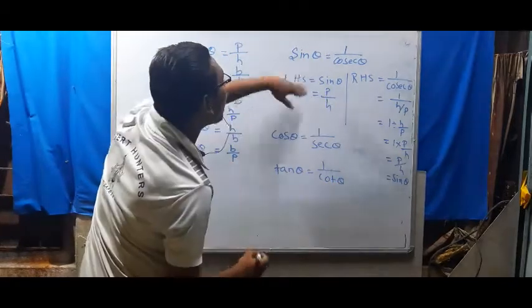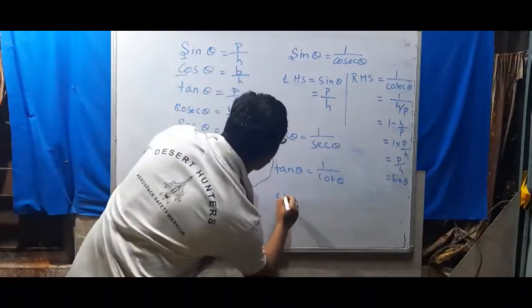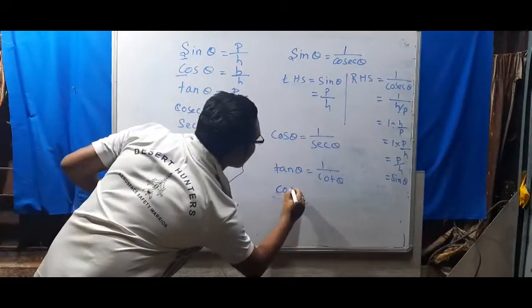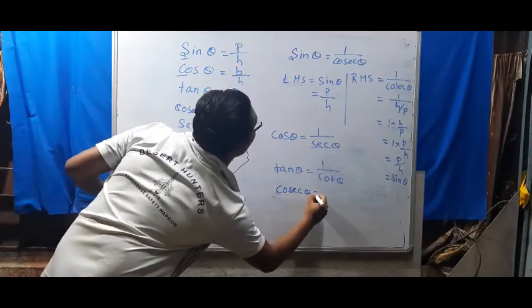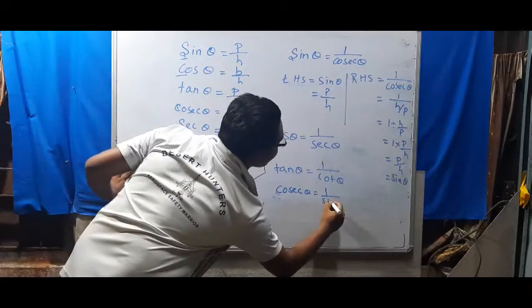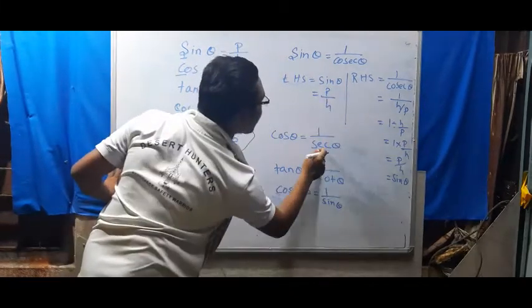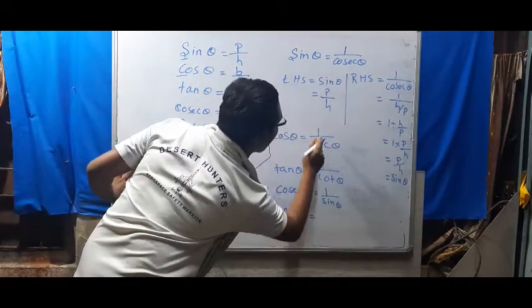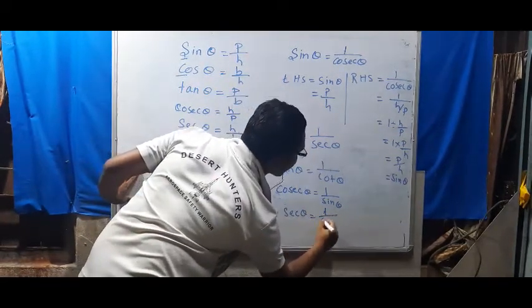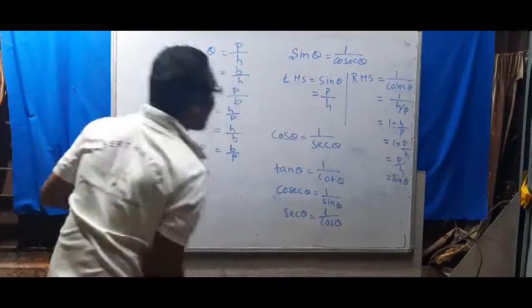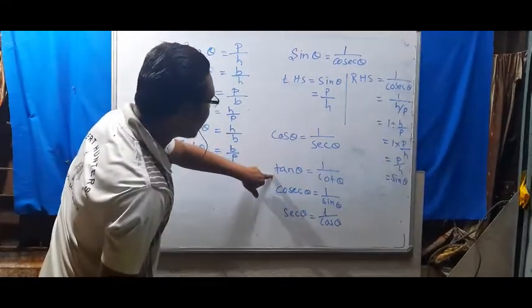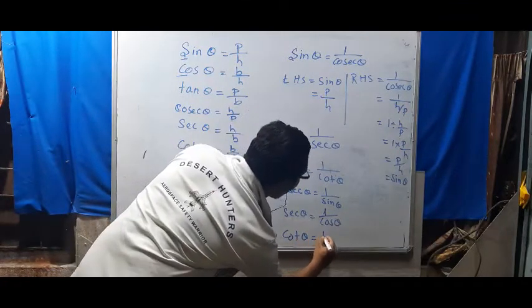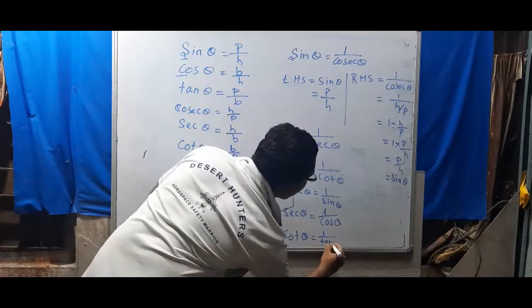Again, the opposite also: cosec theta equals 1 by sin theta, then sec theta equals 1 by cos theta, then cot theta is equal to 1 by tan theta.